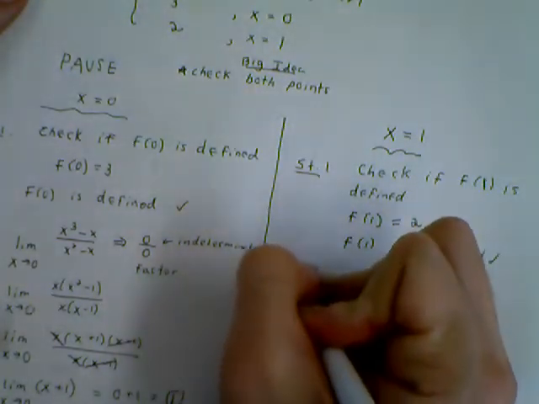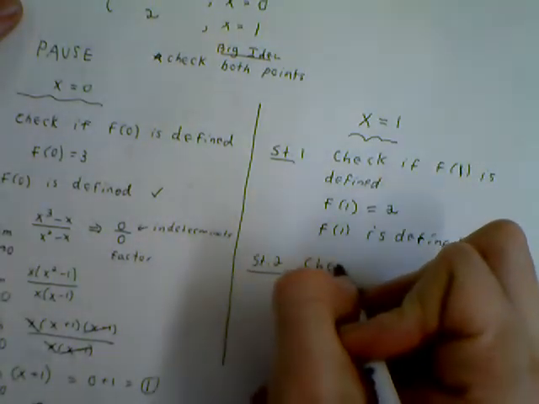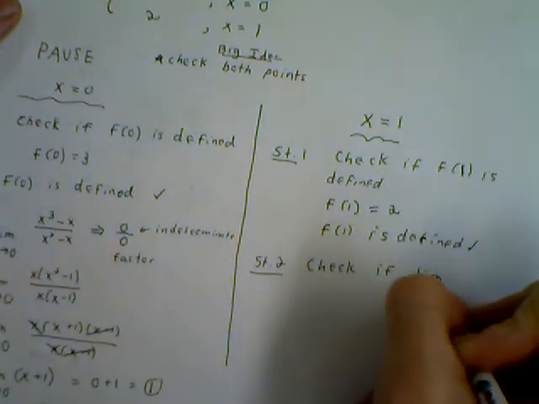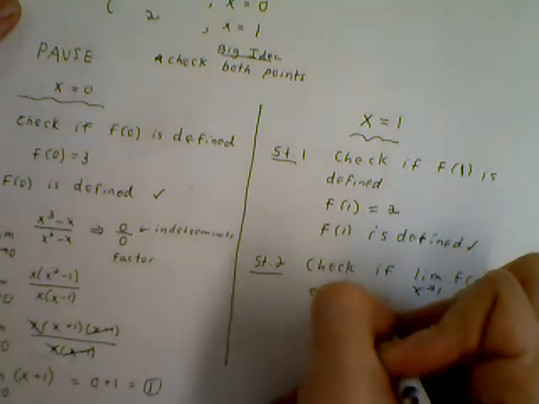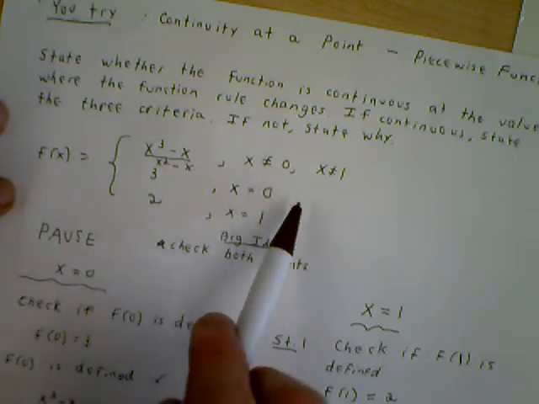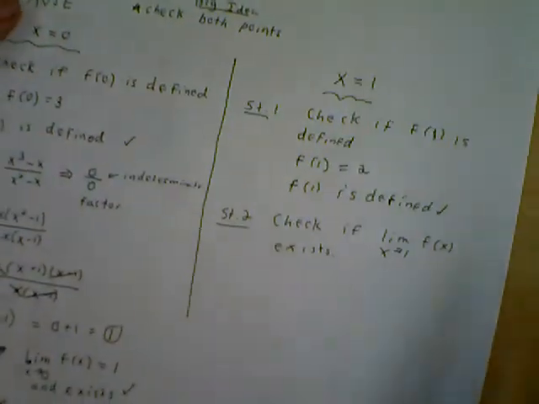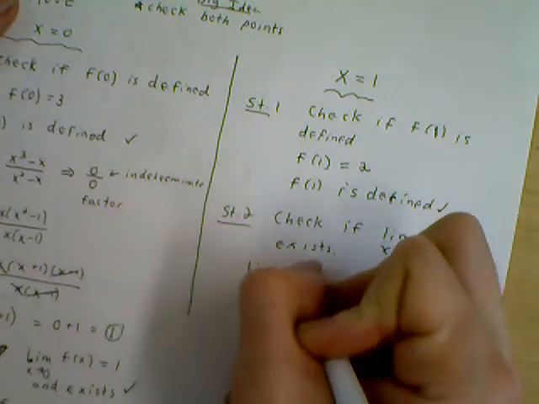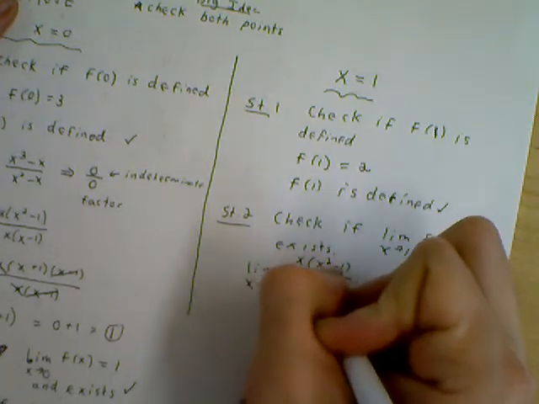All right, step 2. We have to check if the limit as you approach 1 of f of x exists. All right, now we're going to still use this rule here, but x is going to be approaching 1 this time instead of 0. So let's check it. The limit as x approaches 1 of x times the quantity x squared minus 1 over x.